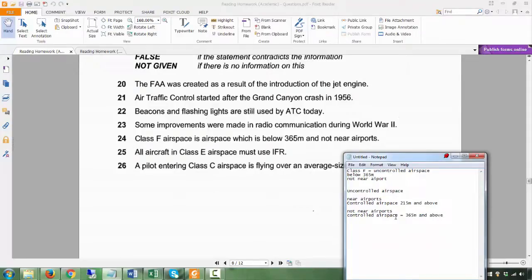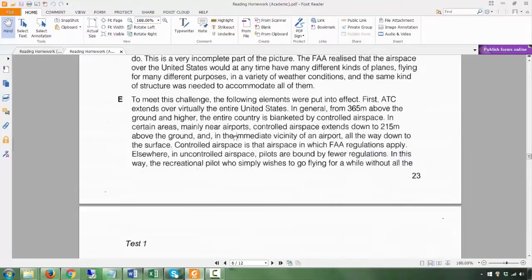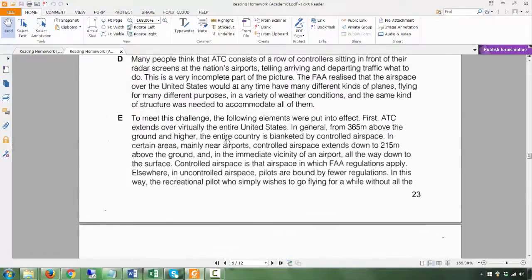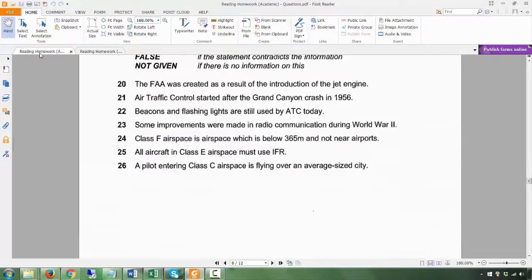So what does it mean? This is not near airports. So if it's below 365 meters, it is uncontrolled. So that's why it's true. It's a bit difficult in the sense that you need to look at different parts and bring both parts together to really understand what they're talking about and to see whether it's true or false.